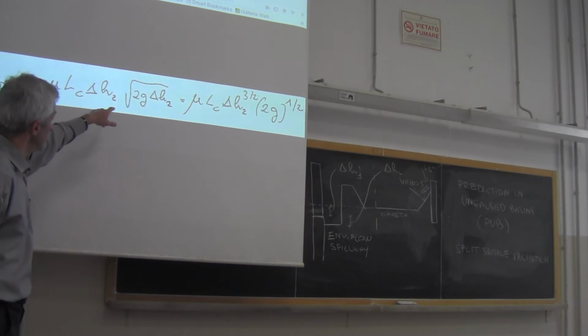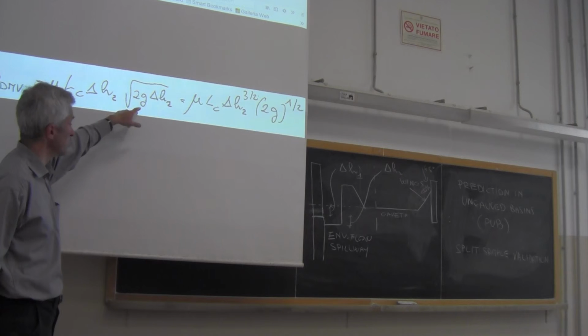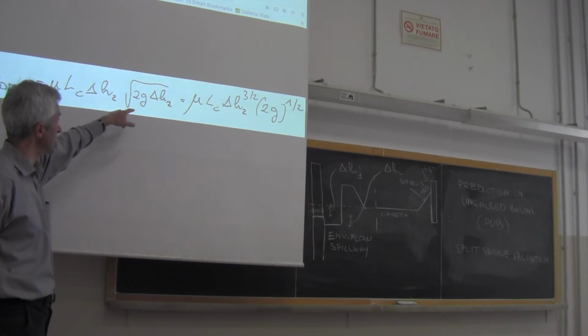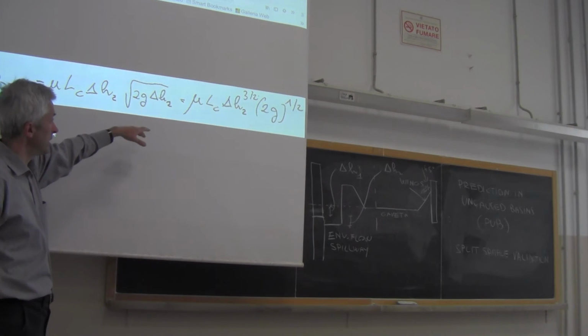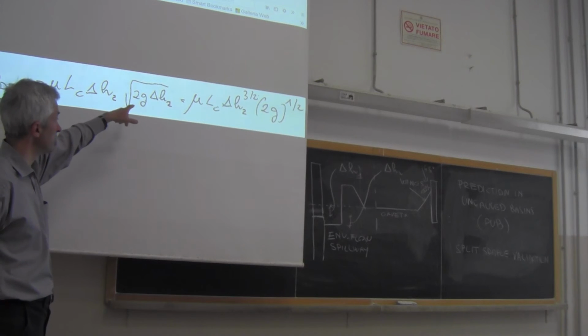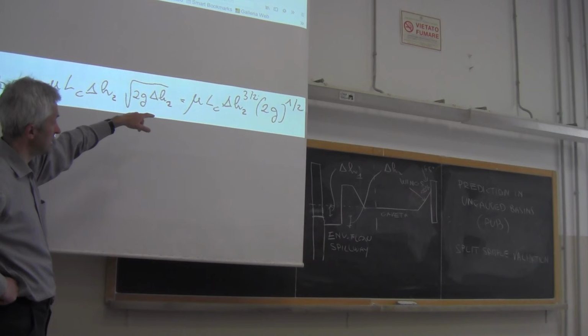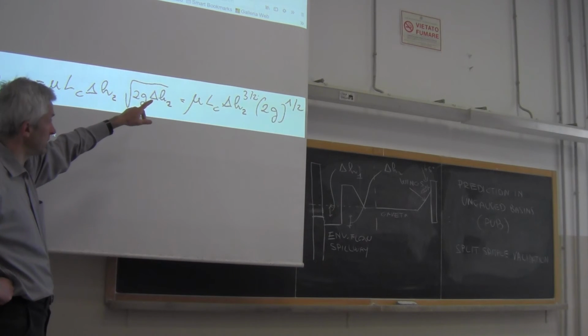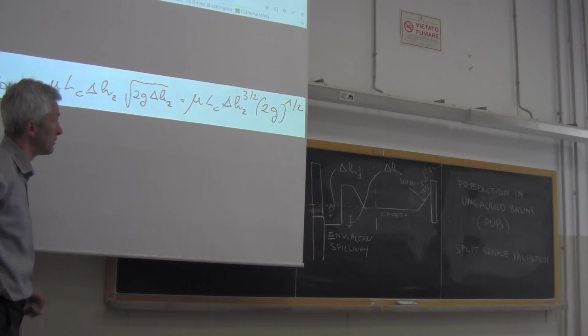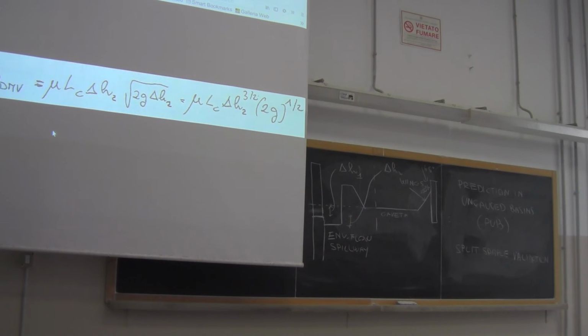And then you have a square root of 2g, g is gravity, times again delta H2. And therefore you can, if you want, rewrite this relationship as mu LC delta H2 to the power of 1.5, and 2g to the power of 0.5.